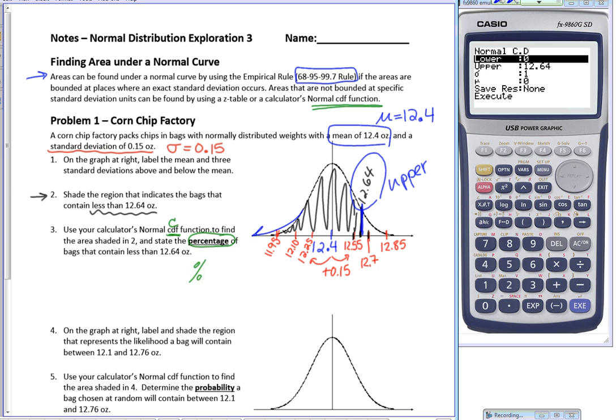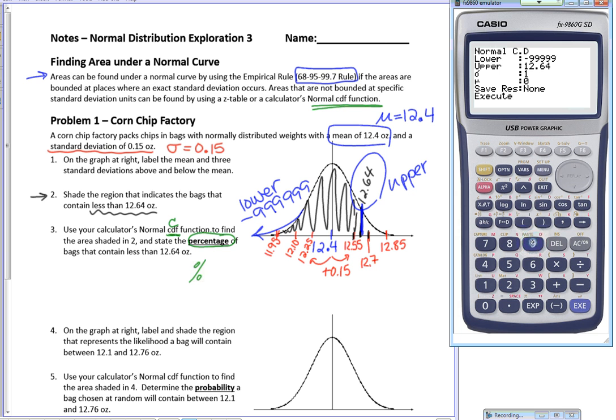This goes to the left forever down here. So for my lower, I need to put in the smallest or most negative number I can think of. So what I like to type is a negative, and then I just keep typing a whole bunch of nines because I think that's the smallest thing I could possibly type into my calculator. So negative, keep hitting nines until the screen fills up, and then hit enter.